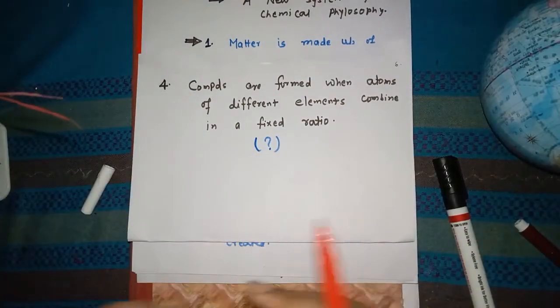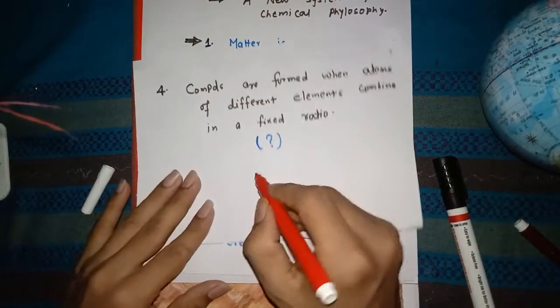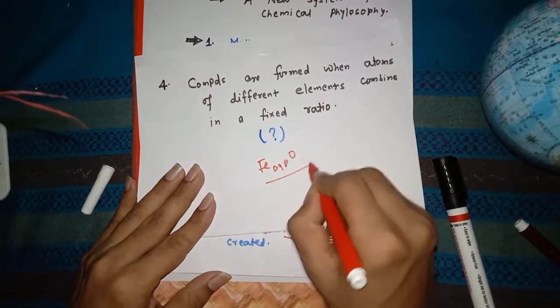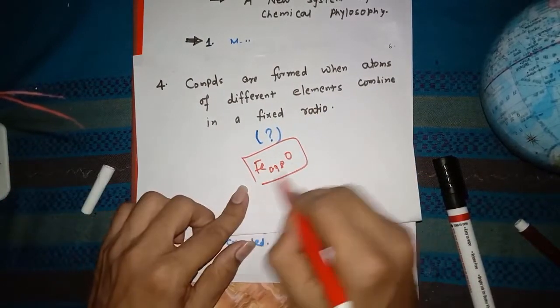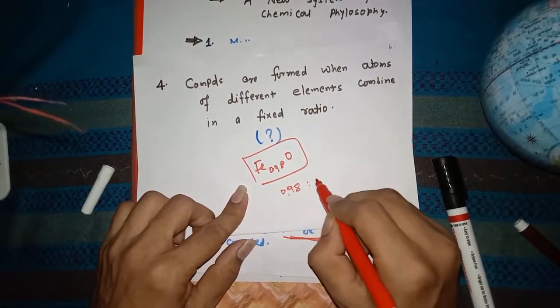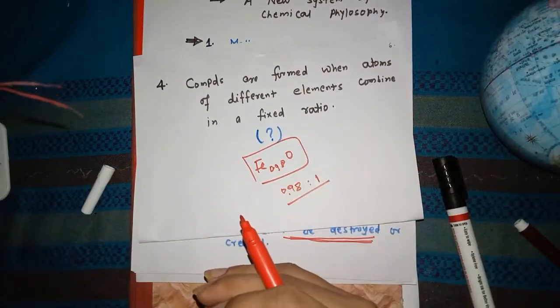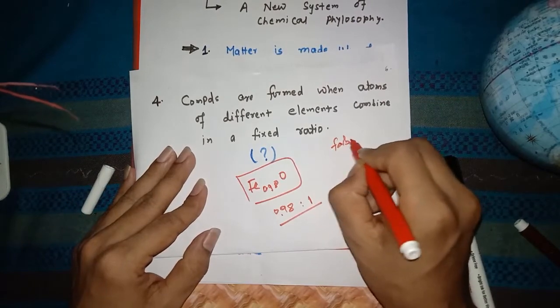But sometimes it may not be a simple ratio. For example, Fe0.98O is also a compound, called a non-stoichiometric compound, which has no simple ratio of iron to oxygen. Here it is 0.98 to 1, which is not a simple ratio. So this is also sometimes false, but overall it is right.